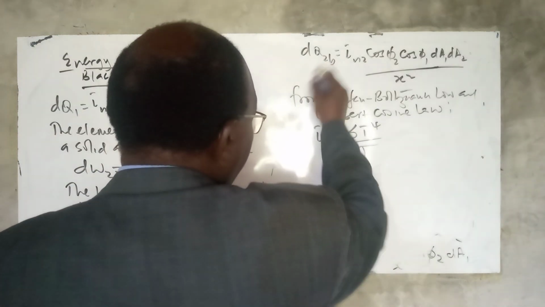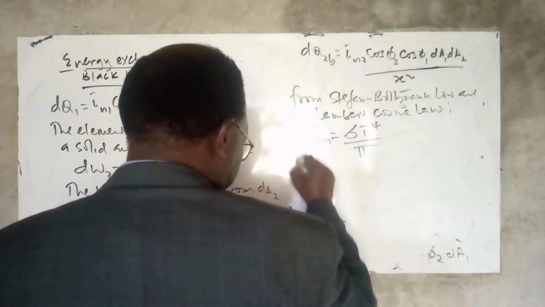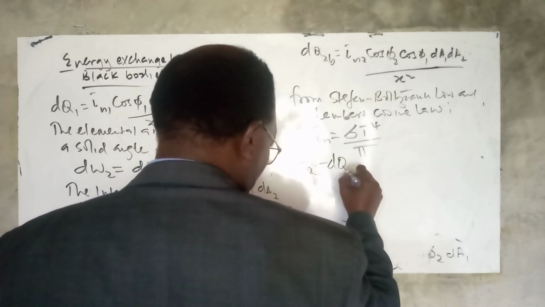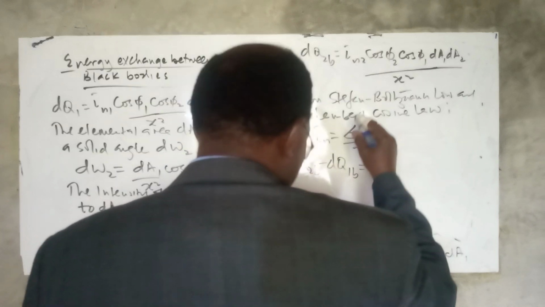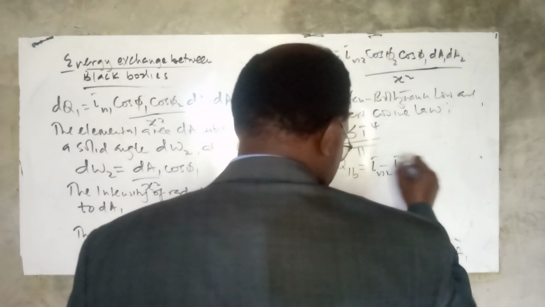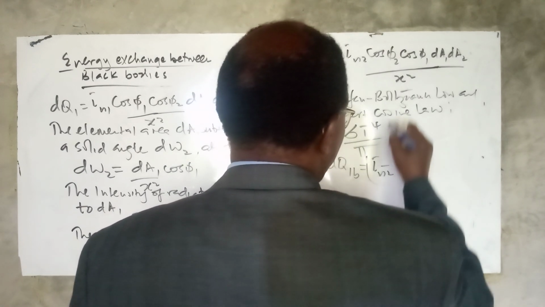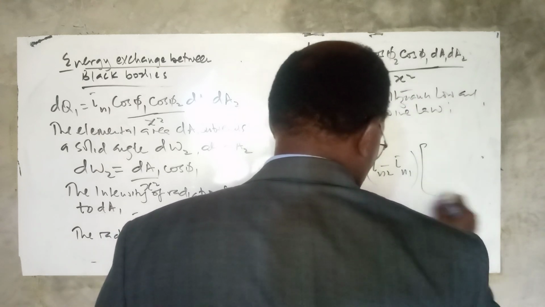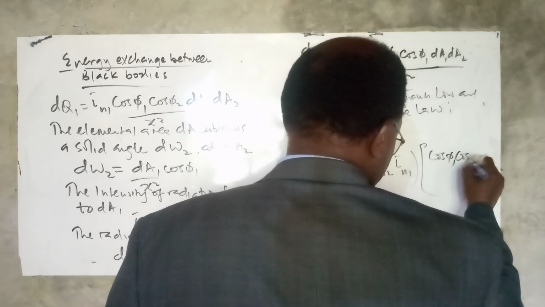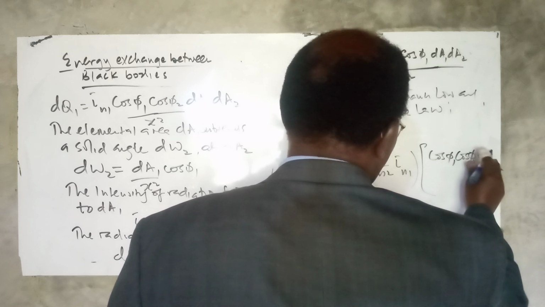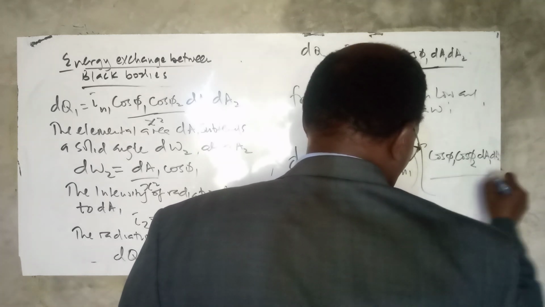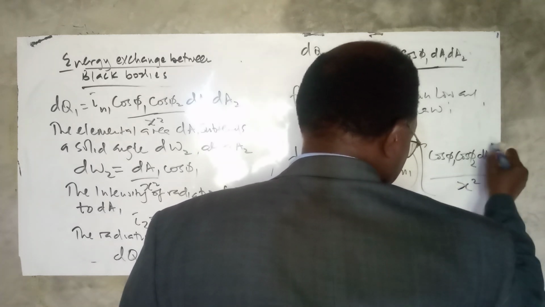So if you have dQb as dQ2b minus dQ1b, then we are going to have In2 minus In1 into cosine of phi 1 cosine of phi 2 dA1 dA2 over x squared.